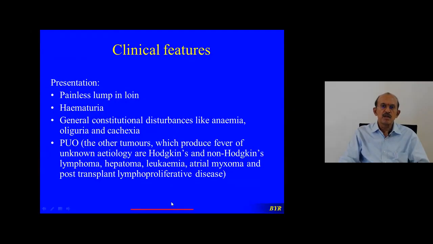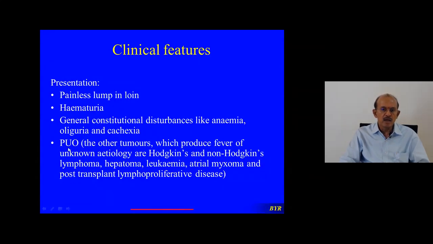Usually whenever pyrexia is there, you will think of a viral fever or some microbial fever or some rare parasitic fever. But PUO can occur due to neoplasms also. So this is one example. The other tumors which can produce fever of unknown etiology. This is called fever of unknown etiology, or in earlier days it was called pyrexia of unknown origin.